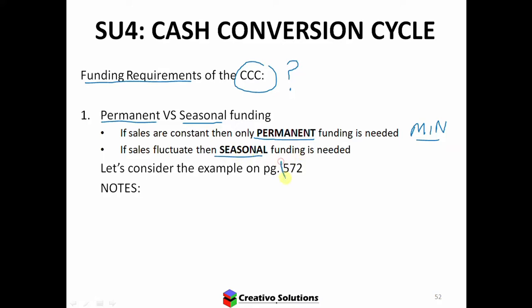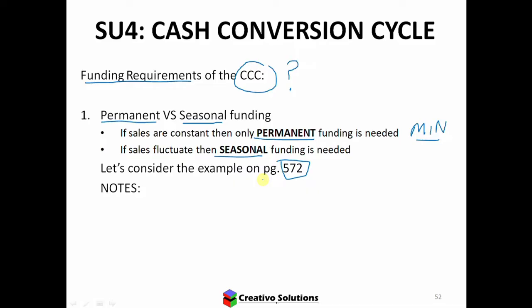There's a really great example in the textbook. Let me just check the page number. It might have changed because of the different version. We're looking at the cash conversion cycle. Let's make sure we have the right one. This is probably 582.